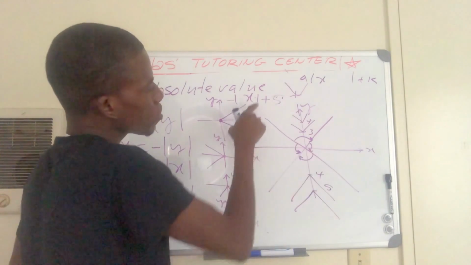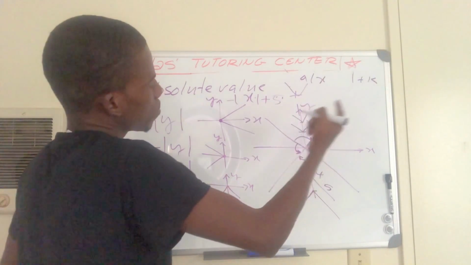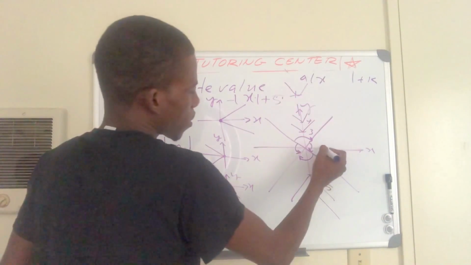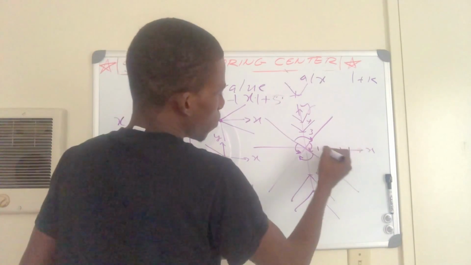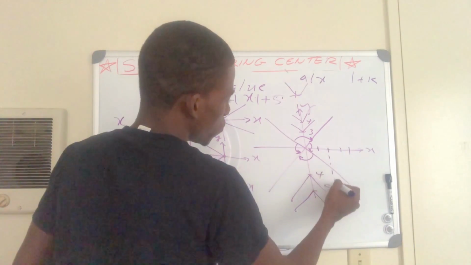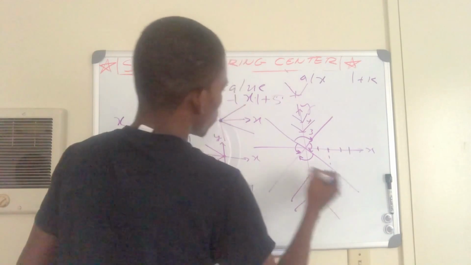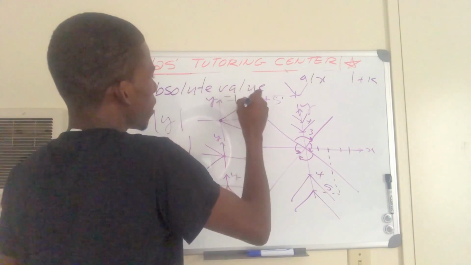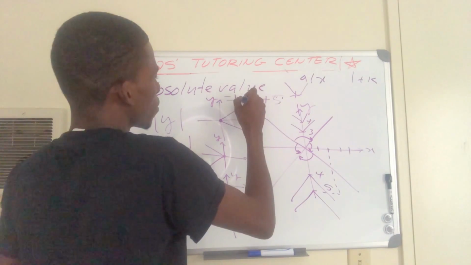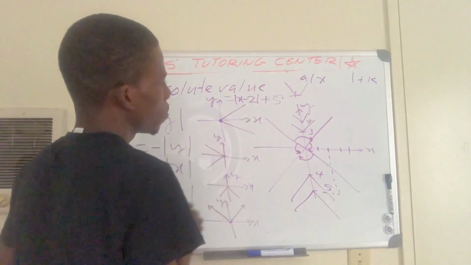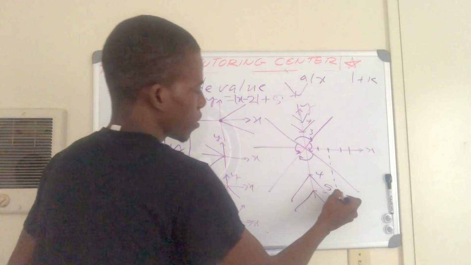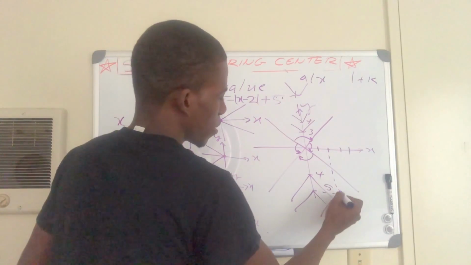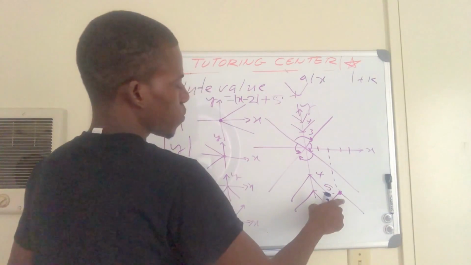So if h was, let's say, 2, I would just say, okay, 1, 2, so it's 2, 5. In this case, I would have y equal to absolute value of x minus 2 plus 5. So this will be y here, x minus 2 plus 5.